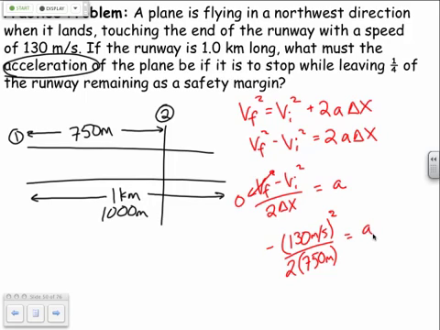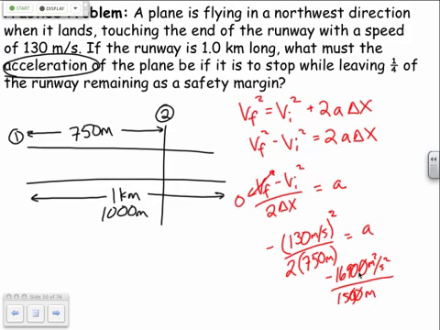That's going to be equal to a. And I don't know what that is squared. 16,900. Negative 16,900 meters squared over seconds squared divided by 1,500 meters.